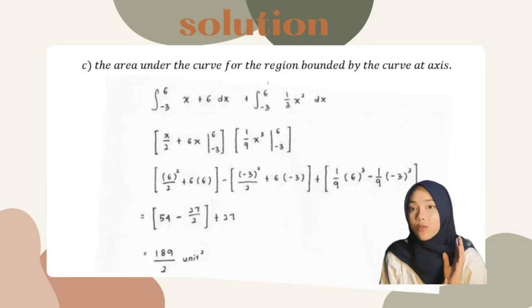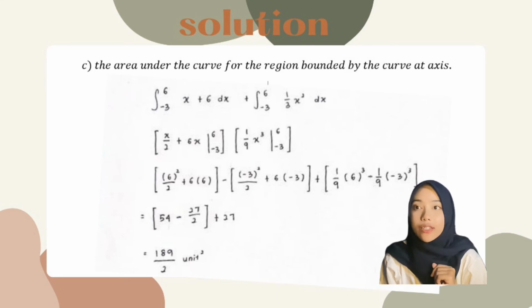So moving to the next one, C, the area under the curve for the region bounded by the curve and the axis.